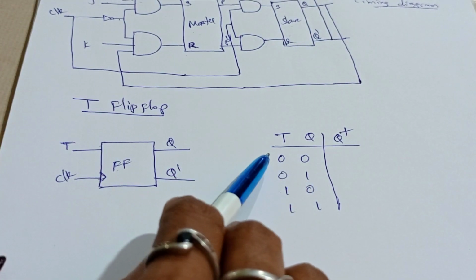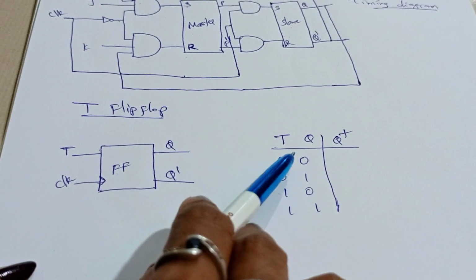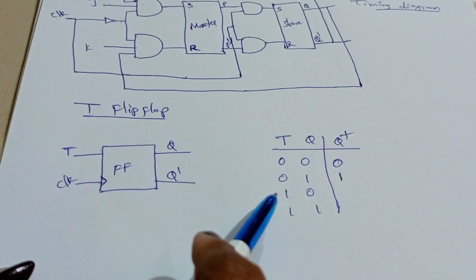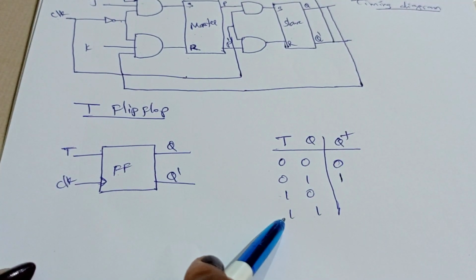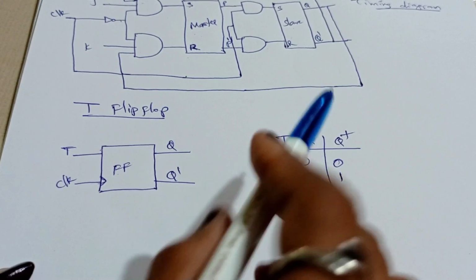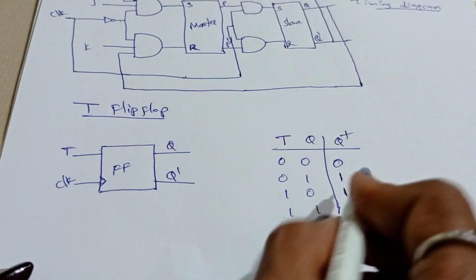If T is equal to 0, there will be no state change, so 0 stays 0 and 1 stays 1. If T is equal to 1, it changes the state. 0 changes to 1, and 1 changes to 0.